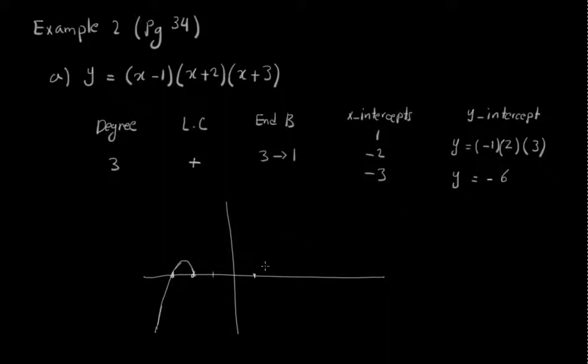Our y-intercept is at -6, so 1, 2, 3, 4, continue this line, 5, 6, so I have to go all the way here to -6, and then we would come back up to the next intercept, which also has an order of 1, so you just pass that point, and as we were supposed to, we finished up in quadrant 1, so from 3 to 1, and we had hit all the x-intercepts and the y-intercept here.